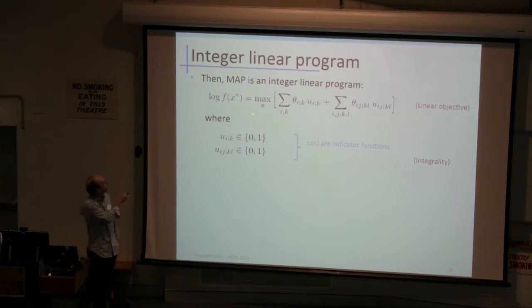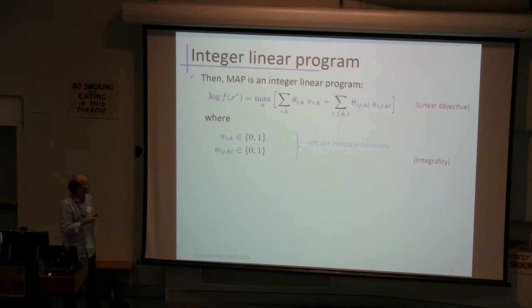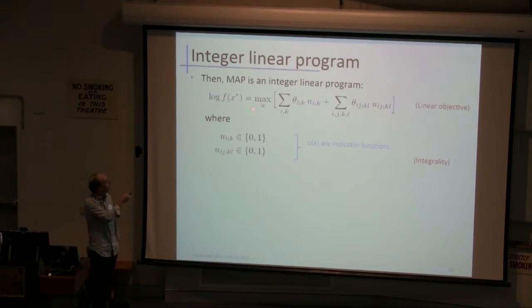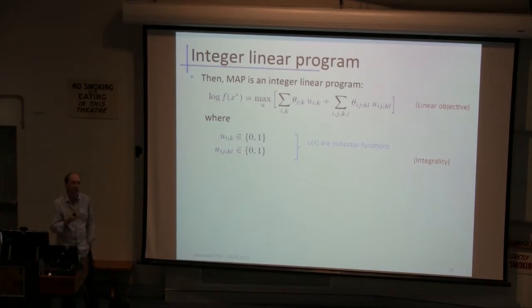Right? So what we want to do is find the vector u that maximizes its dot product with theta, subject to the fact that u has to correspond to some configuration of x. Okay? So if we think about what the conditions that define a configuration are, this u vector is binary, right? u_{ik} is either 0 or 1.